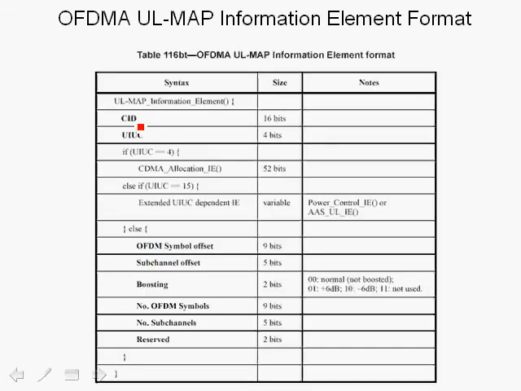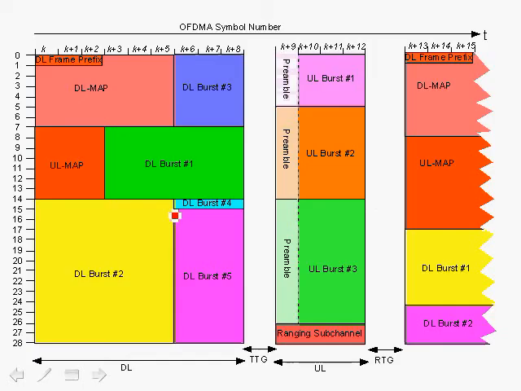Again, you have the communication ID for the information element, very important for that particular uplink from a subscriber. This communication ID is allocated by the base station. And of course you have again an OFDM symbol offset, the subchannel offset, boosting, number of OFDM symbols, and number of subchannels that are specified.